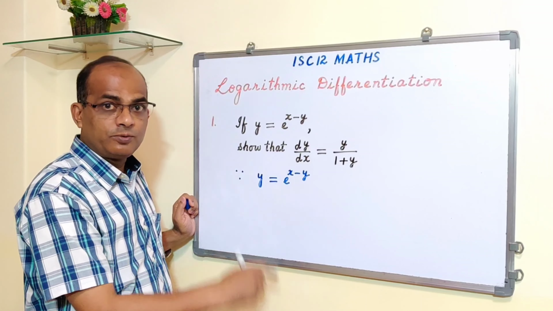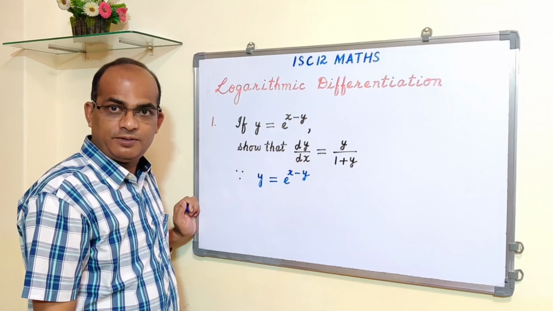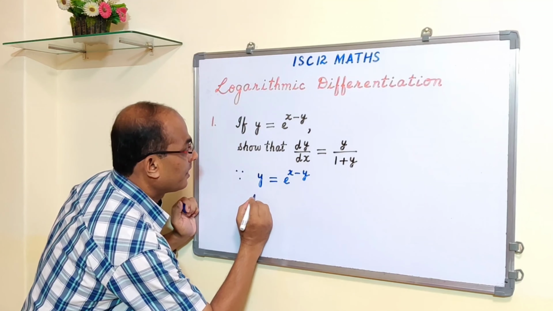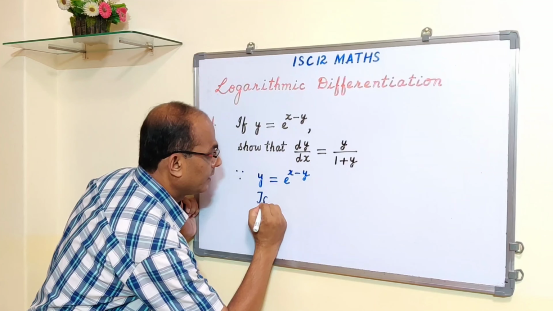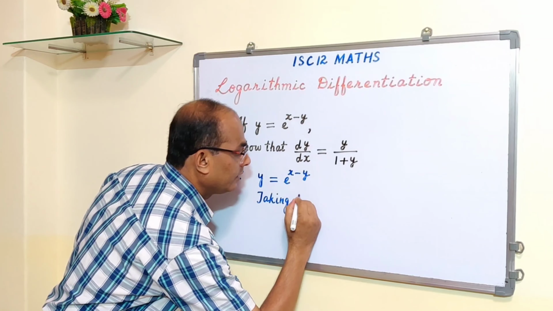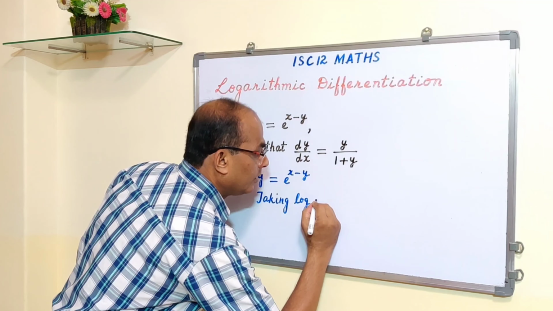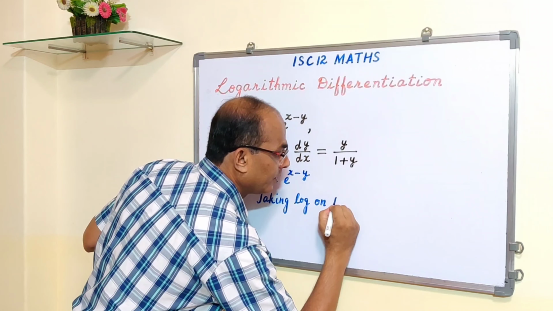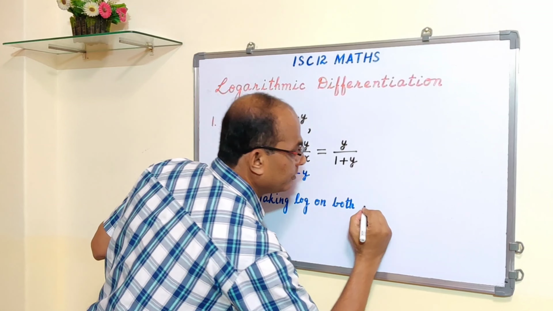We take log on both the sides. Why are we taking log? This I have explained in detail in my previous lesson. So we are taking log on both sides.